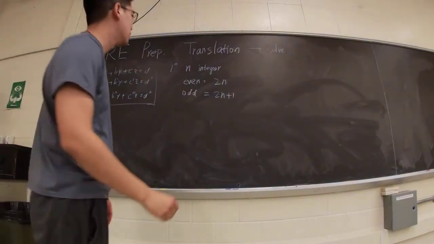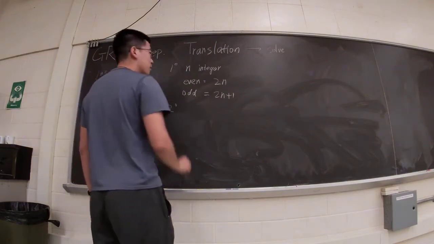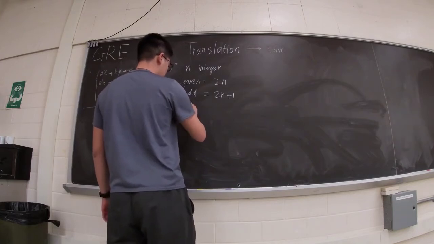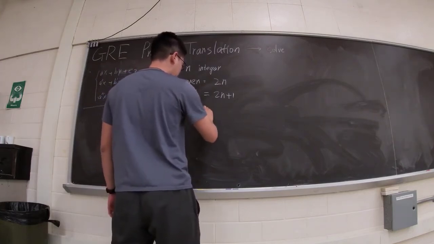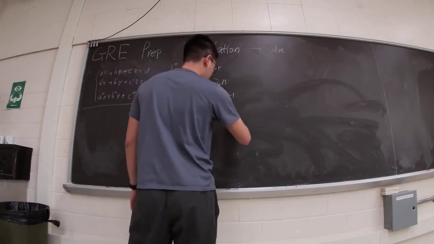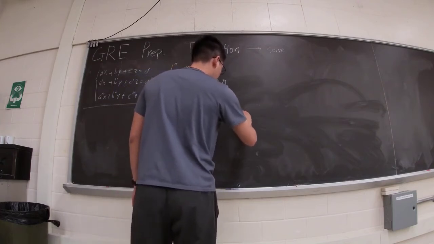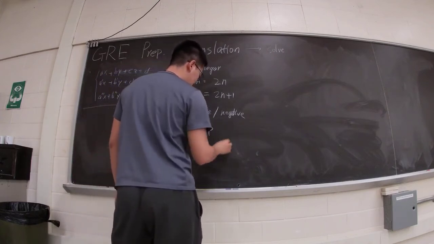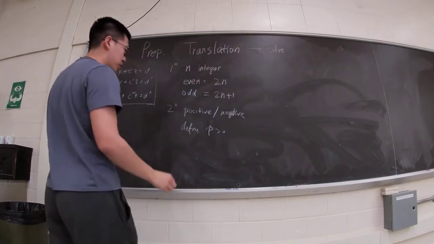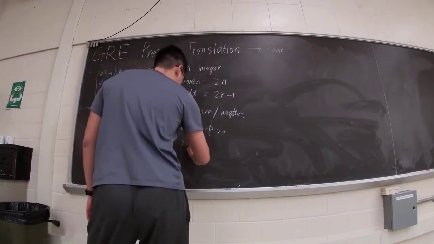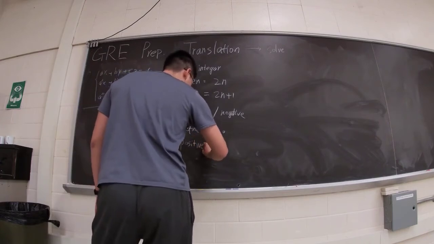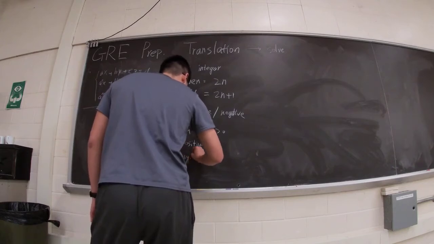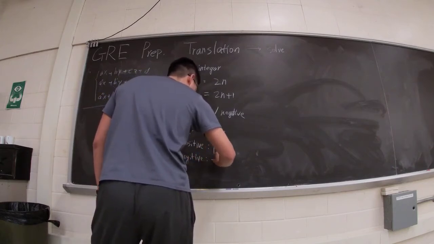And sometimes they ask you about positive or negative. You just define a number p greater than 0, then the positive number is p, and the negative number is negative p.